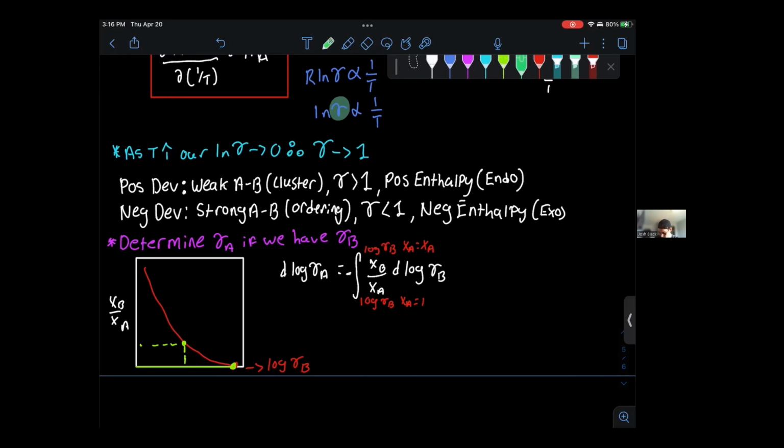The log of the activity coefficient of A is the area underneath this graph here. We would calculate the area, raise 10 to the power of that area, and that would give us the activity coefficient of A. From there, we can do different things to find out the activity. With that all being said, that's all there is to it.